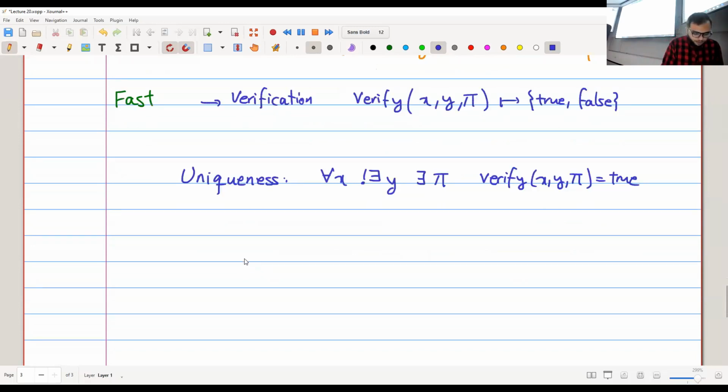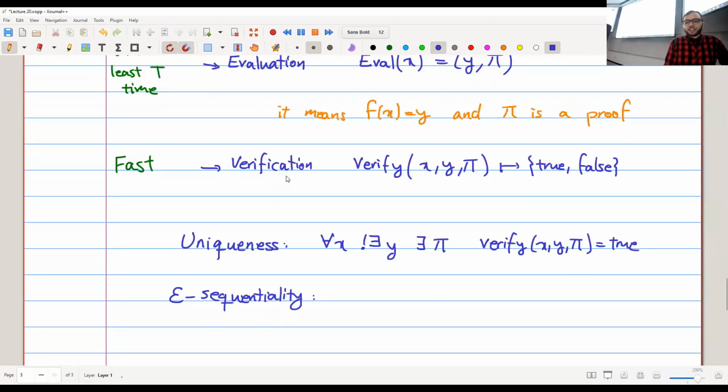And my second property is what we call epsilon sequentiality. I'm writing this so that you can Google it if you like, because I don't want to give you a formal definition. All I want to say is that you cannot find any information about y if you have x and you spend less than t time.